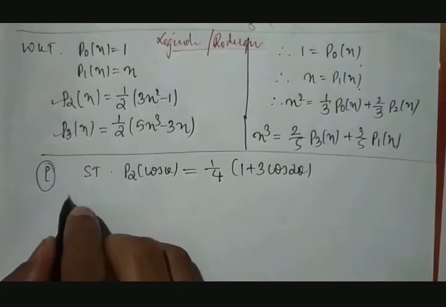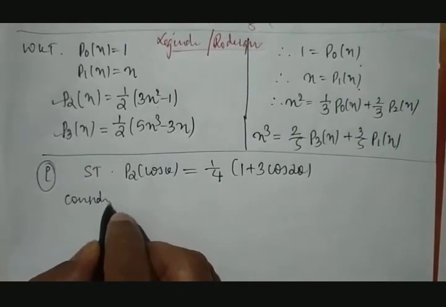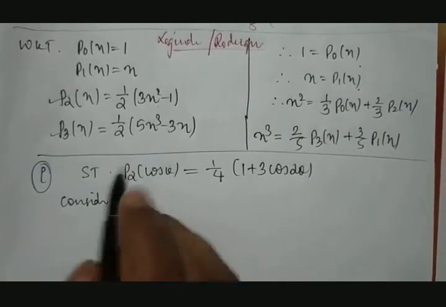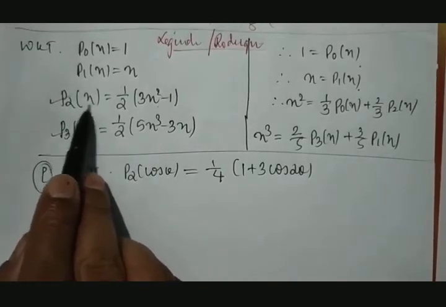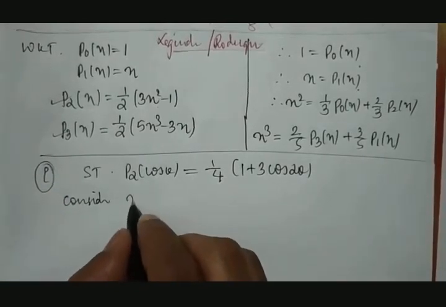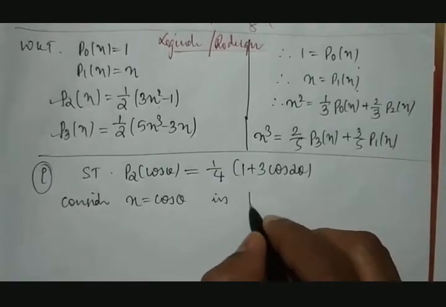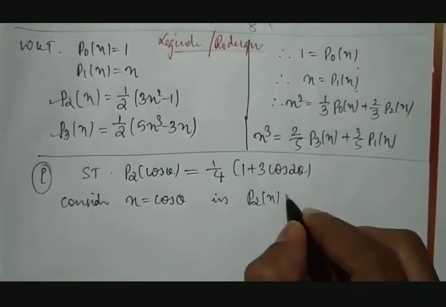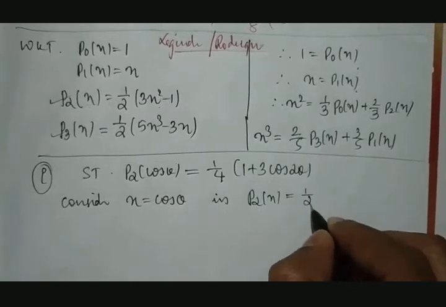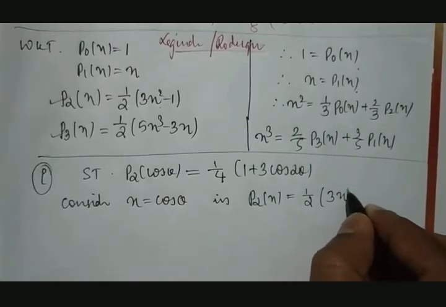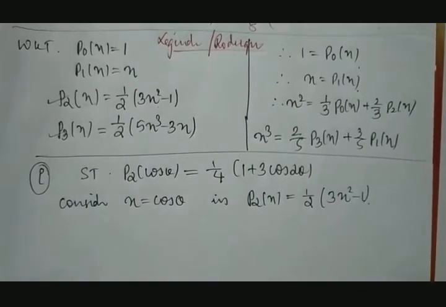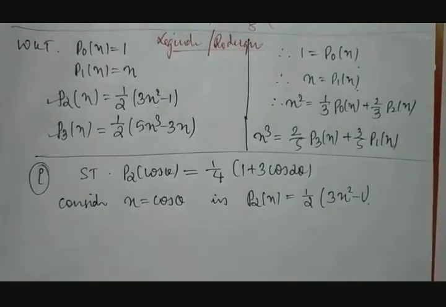Let us consider, in this case, you can see we have P2 of x. So put x is equal to cos theta. In the result, P2 of x is equal to 1 divided by 2 into 3x squared minus 1. Therefore, what happens?